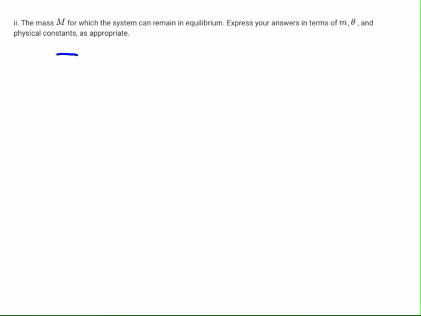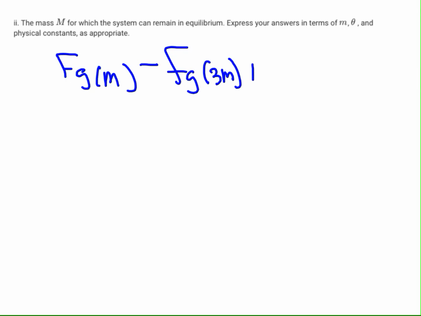So, force of gravity due to big M minus force of gravity of all 3m parallel equals 0. Or we can look at it as looking for the situation at which these two things are just equal to each other.